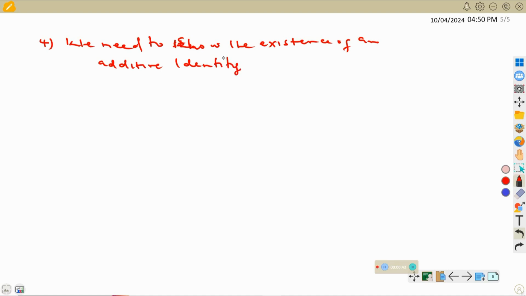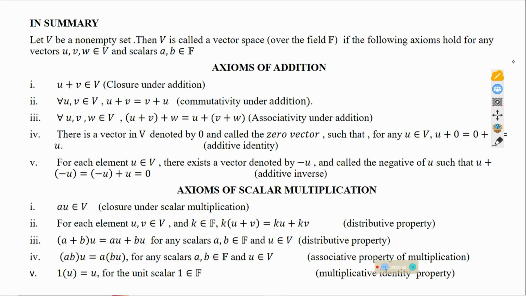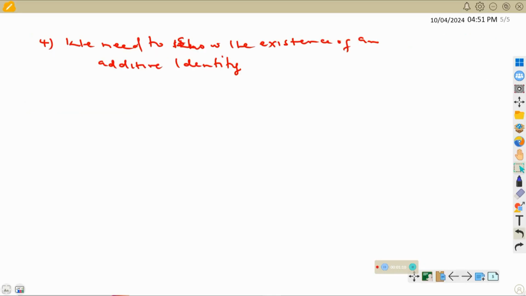So let us show the existence of an additive identity. As you all know from what we said last time, there is a vector in V denoted by 0, called the 0 vector, such that when you add that 0 vector together with u, it will be the same as 0 plus u, which is the same as u. So we need to show that the 0 vector exists, and we shall prove that.